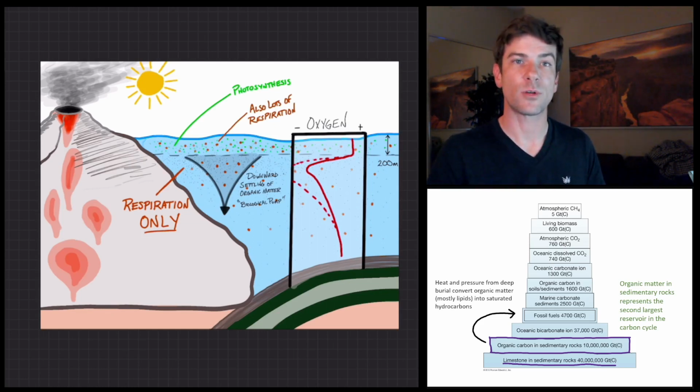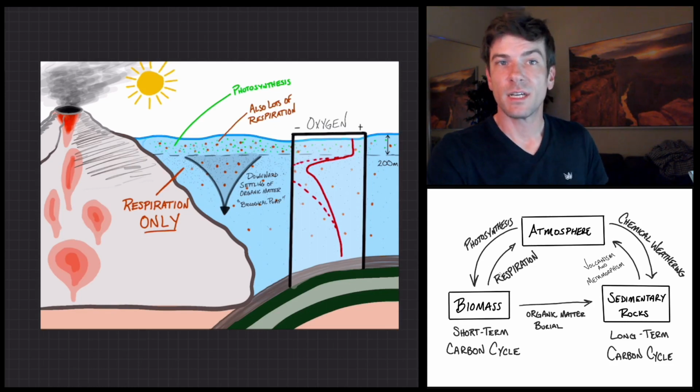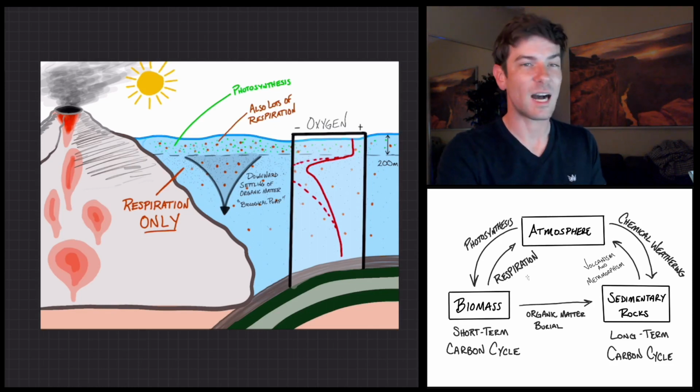And so what we're doing today is we're doing sort of accelerated, an alternative to respiration. We're combusting or oxidizing organic carbon that has been stored in the sedimentary rock record for a long time.